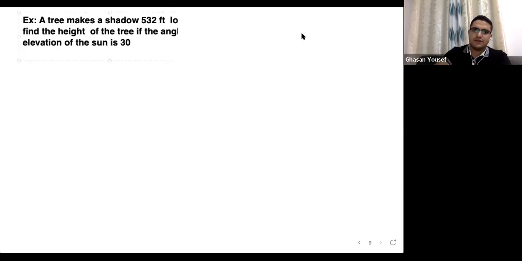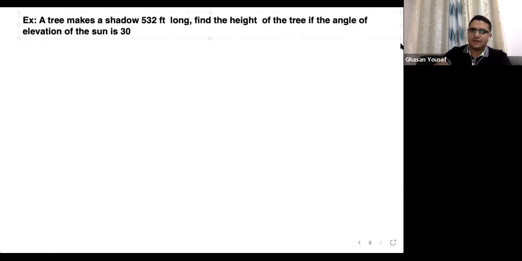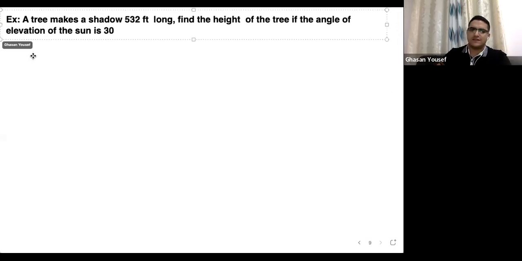I recommend you focus on an example like this in WebAssign. So I have a tree. This tree makes a shadow 532 feet long. The question is, find the height of the tree if the angle of elevation of the sun is 30 degrees.